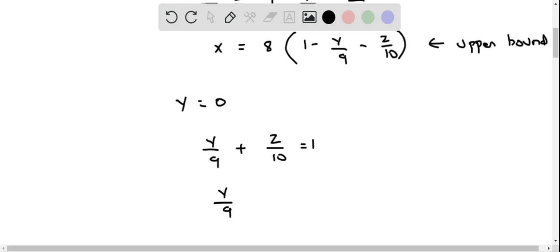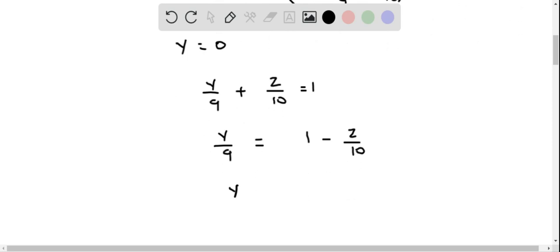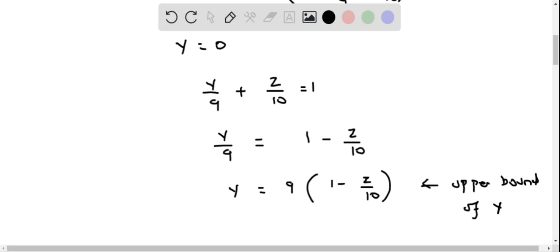So first I subtract z by 10 from this equation, which gives 1 minus z by 10. Now multiplying both sides by 9, I get y equals 9 times 1 minus z by 10. So this one is the upper bound of y, and 0 is the lower bound.